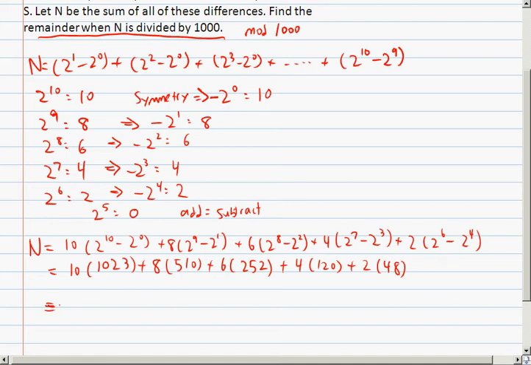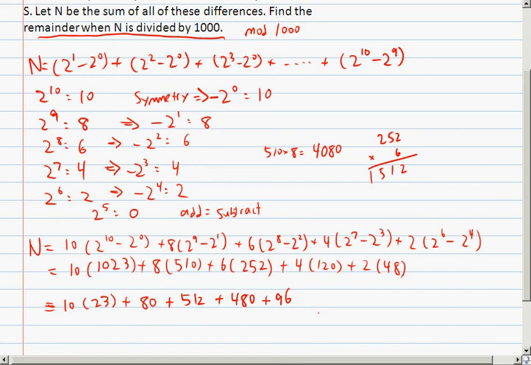So this value of n is congruent, in mod 1000, to 10 times 23, since 1023 is congruent to 23 mod 1000, plus 80, since 510 times 8 is 4080, so that's congruent to 80 mod 1000, plus, and 252 times 6 is 1512, so that's congruent to 512 mod 1000, plus 4 times 120 is 480, so that's 480, plus 2 times 48, which is 96, so that's 96.